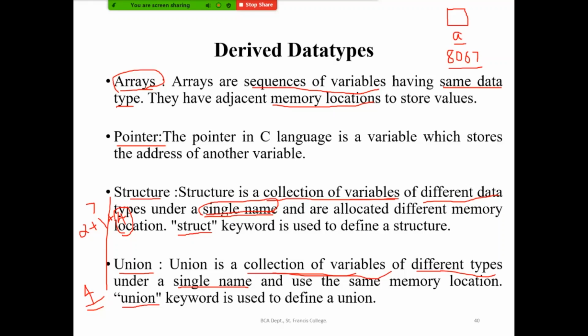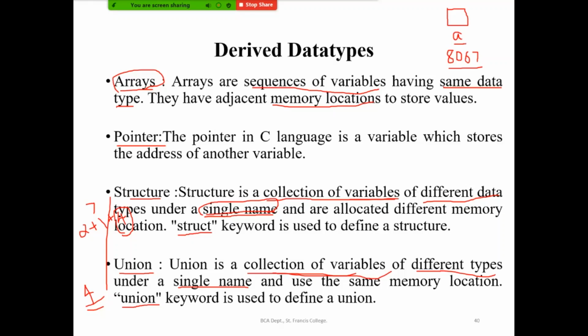The space allocated to the variable a will be referred to by its address. I'm just putting a number, 8067. It will be given 2 bytes because it is an integer variable.